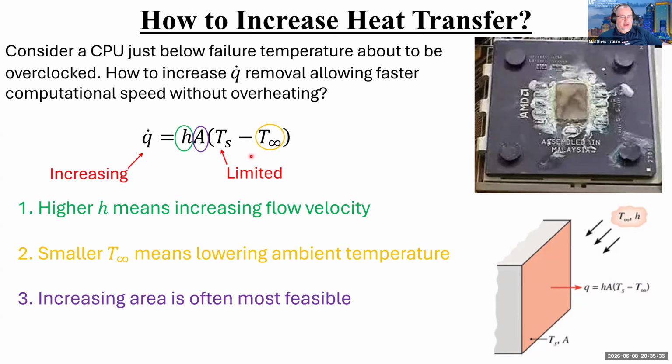Then the other possibility is increasing the difference between the surface temperature and the ambient temperature. That means lowering the ambient temperature, right? Which, okay, maybe you could do to some extent with air conditioning or something like that, or maybe using a pre-cooled gas and blowing it. I've always seen people like to play with liquid nitrogen, which is hilarious because liquid nitrogen has almost zero heat capacity.